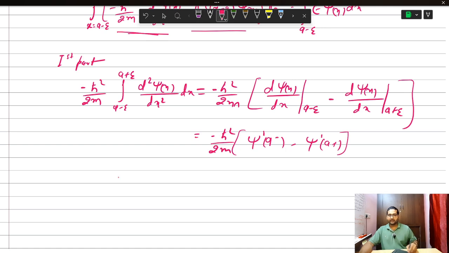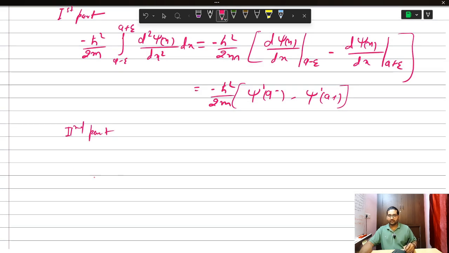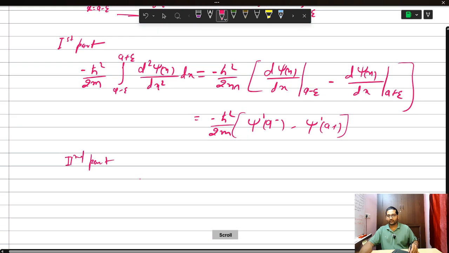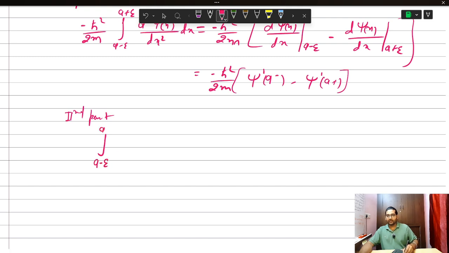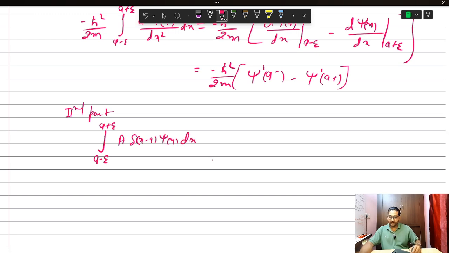So let's integrate the second part. Here we have integration from a minus epsilon to a plus epsilon of a delta(x minus a) psi(x) dx.